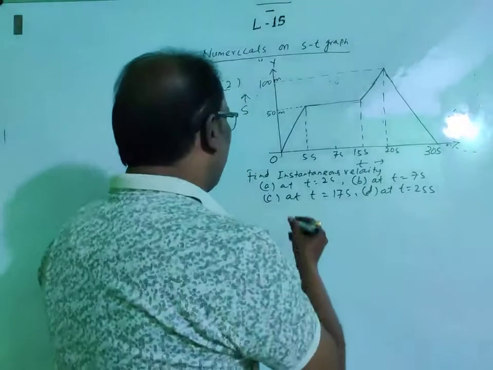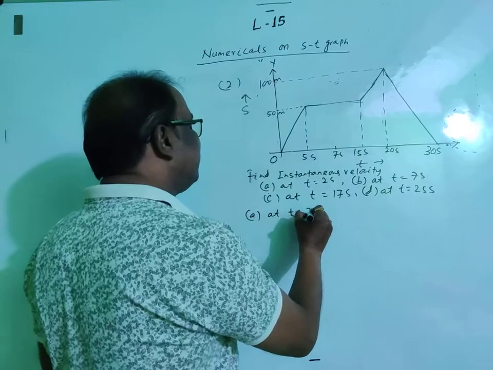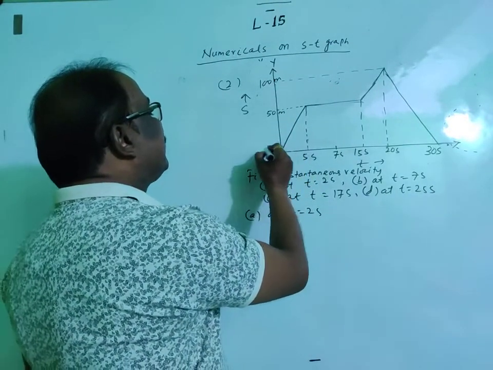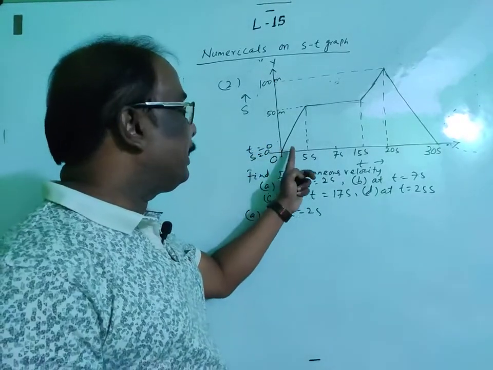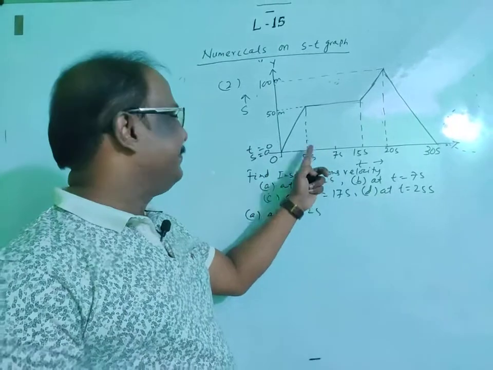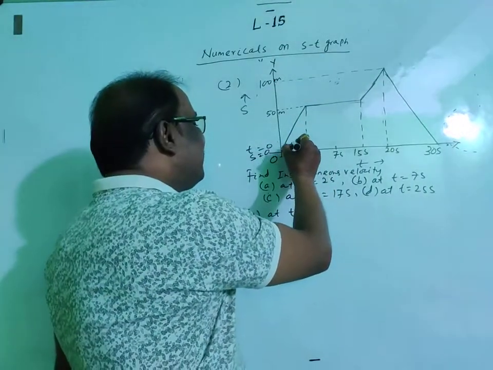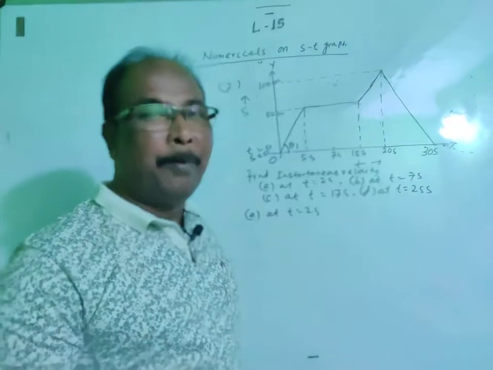Okay. And at t equal to 2 seconds. See, from 0 seconds, here time is 0, here position is 0. From 0 seconds to 5 seconds, the graph is a straight line making a constant angle with the time axis. Let that angle be θ1.